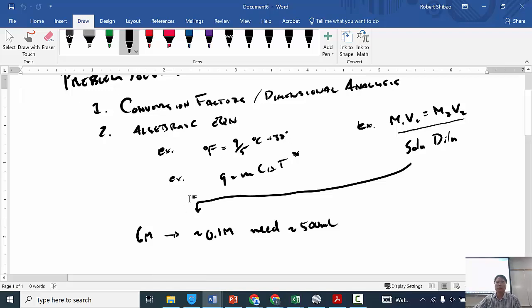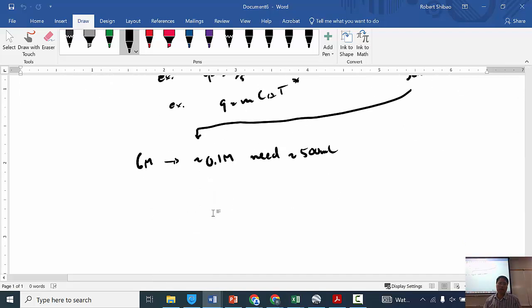This is not very precise. This is what we call our stock solution. Sometimes our stock solution is very precise, but this particular stock solution is not. This is going to be a rough dilution, rough meaning qualitative.